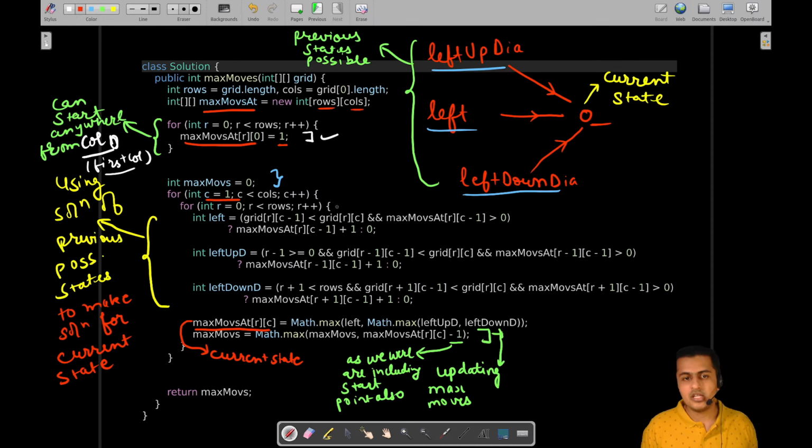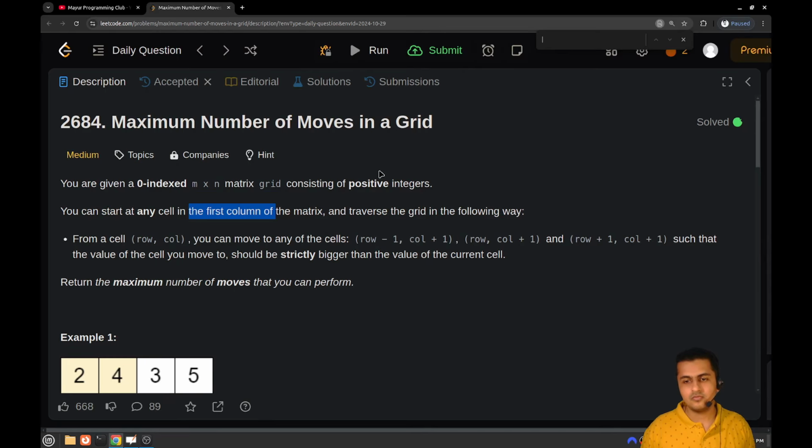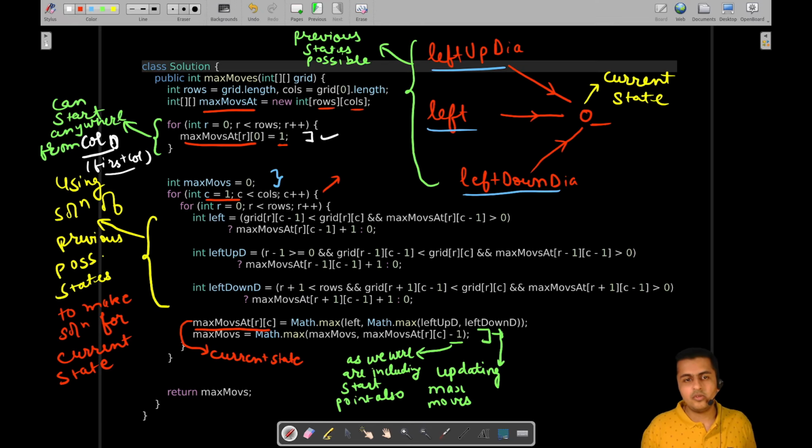Basically you would be doing a column-wise traversal, since the current state depends upon the previous columns. That's why we are using a column-wise approach. For each cell, or current state, let's say this is the state for which you are trying to find the maximum moves.